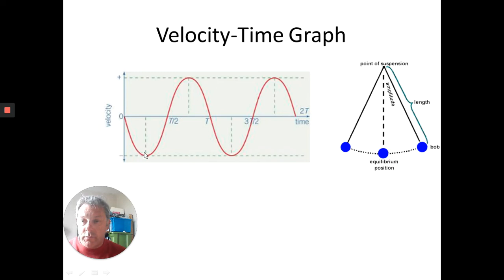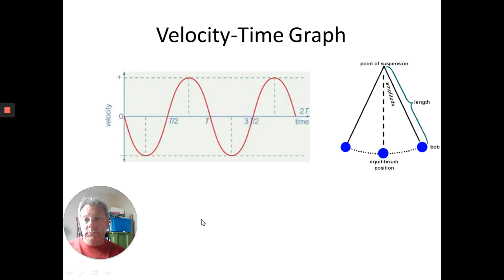Here we reach a maximum velocity as it passes the midpoint. It's then going to slow down until we get to the end again, increase as we pass the midpoint, and it's going to decrease again back to zero.